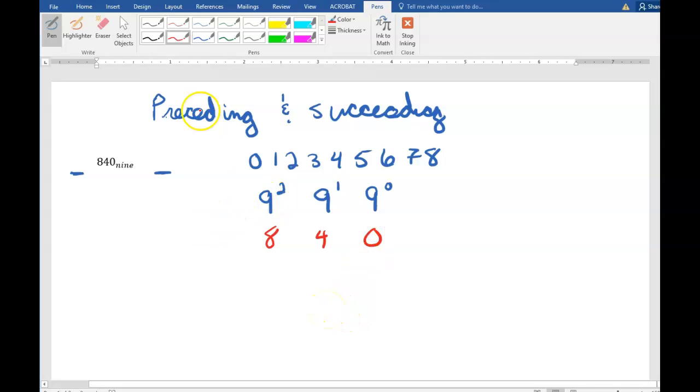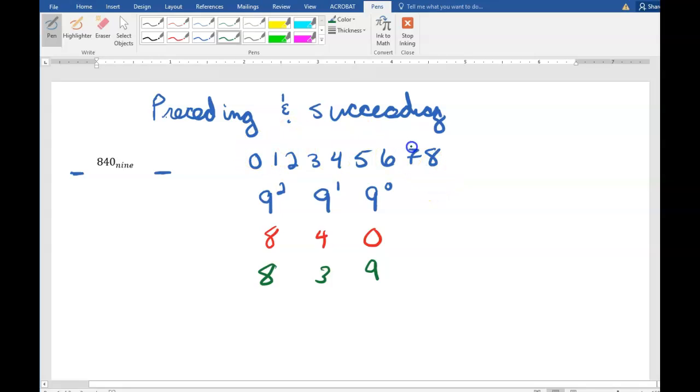So if we think about going one less, think of this as being like a 10. We go one less, that's a 9. We go one less, that's a 3. Because think about this as an 840, we get an 839. Well, in our case, going one less than 0 is actually an 8.